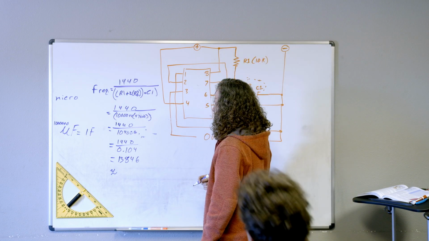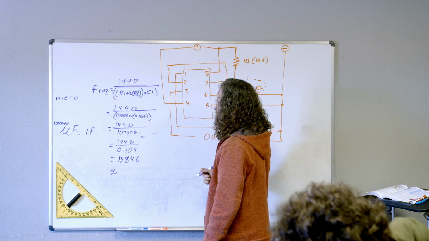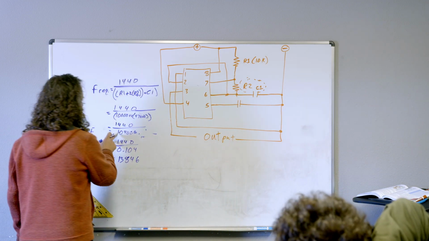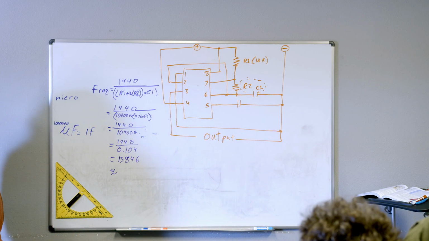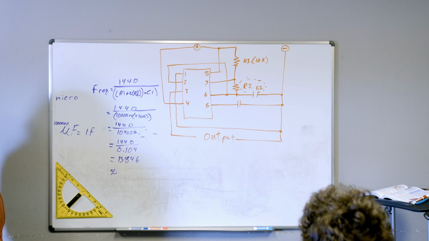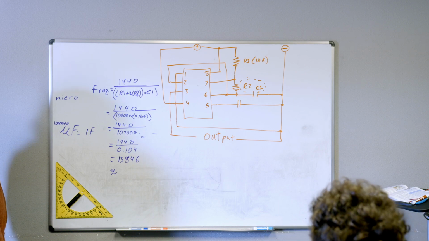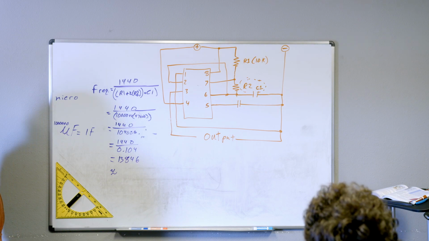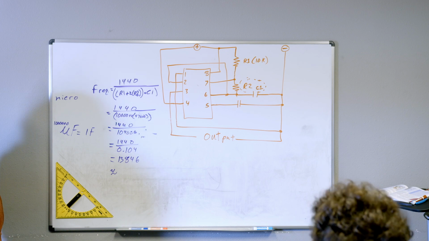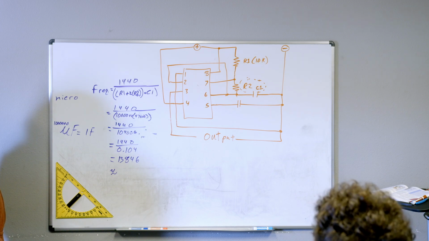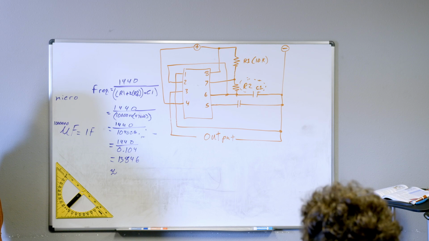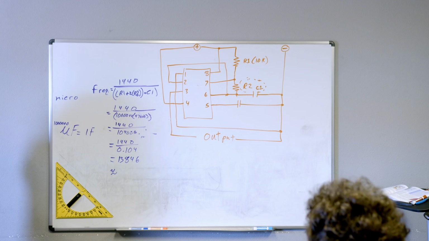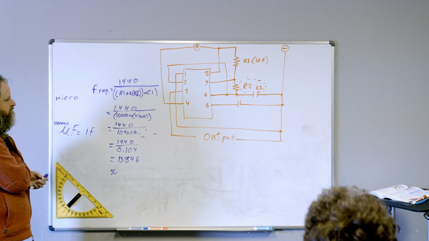Okay, so 104,000. 1,440 divided by 104 is about 14.